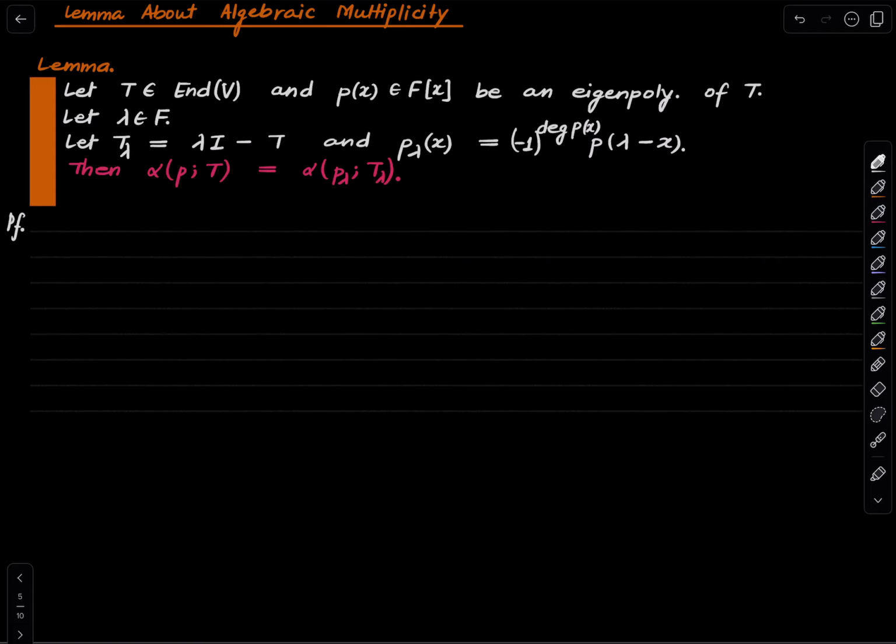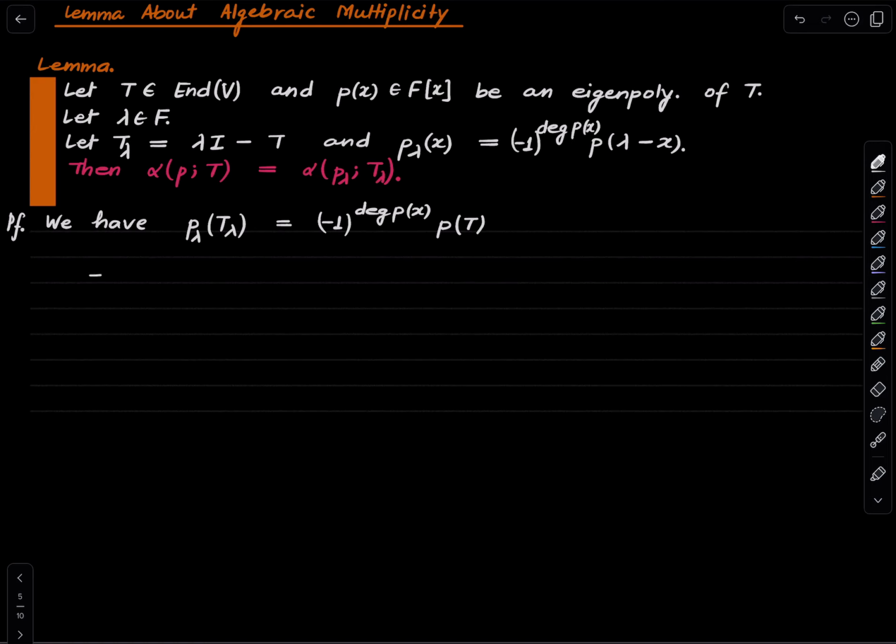And this is nothing. So we have P lambda of T lambda is this thing, P of T, right? Yeah.